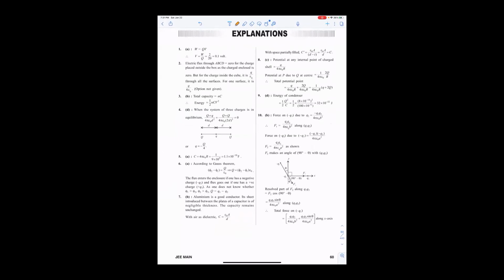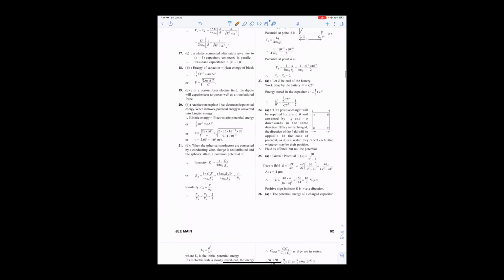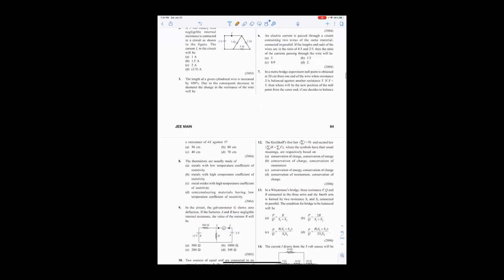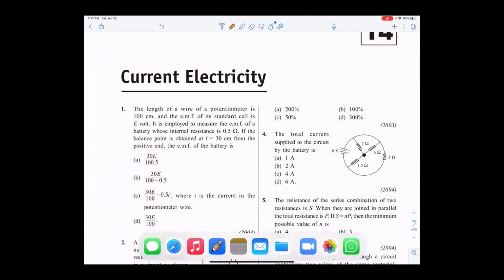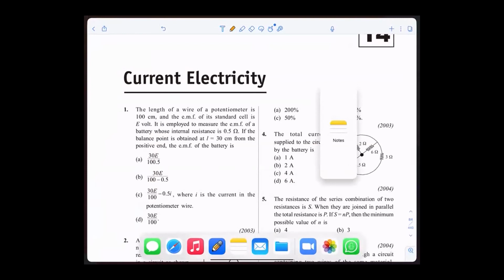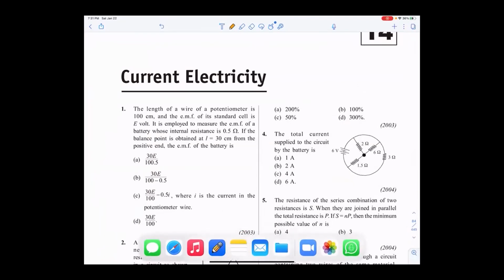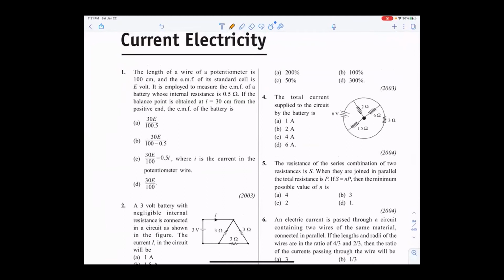Right? Okay. So let us start current electricity questions. You want me to do it here, then space is not right. That is the only problem. Space is not sufficient.